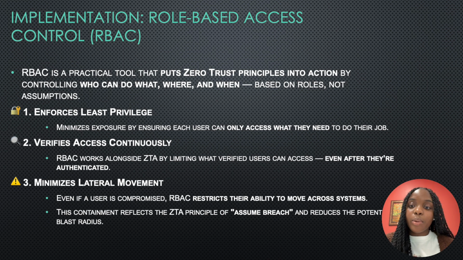Okay, so how can we apply zero trust in real life? One practical tool that can be used is called Role-Based Access Control, RBAC for short. This is a practical tool that puts zero trust principles into action by controlling who can do what, where, and when. It's based on roles and not assumptions. What this means is that within companies, we all have our roles, like marketing department, accounting, HR, payroll.